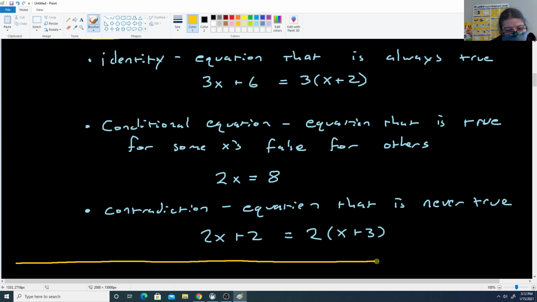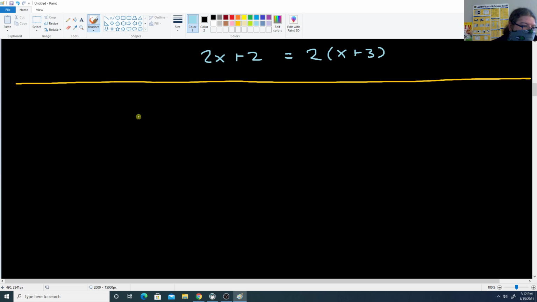So the next example is going to have us go through and try to classify our equations as identity, conditional equation, or contradiction. So we'll look at example 3. The first equation that we want to classify is negative 2 times x plus 4, plus 3x, equals x minus 8.